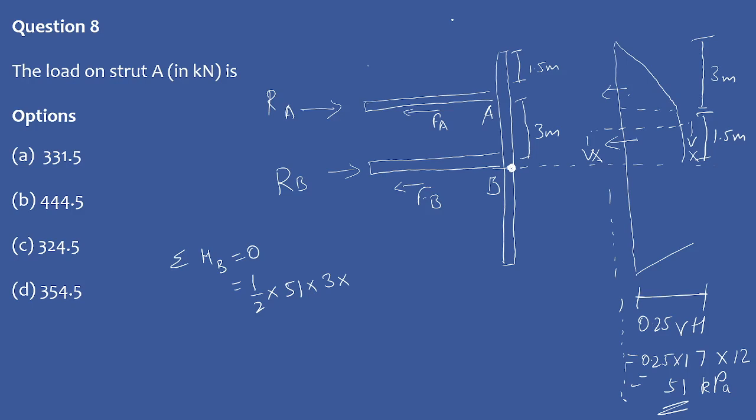And then we need to calculate the lever arm. The lever arm for this triangle is 3 plus 1/3 of the third. Then we need to calculate the force from here. This is basically the rectangle. The length is 1.5 with this 51.